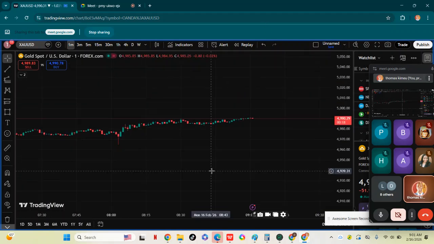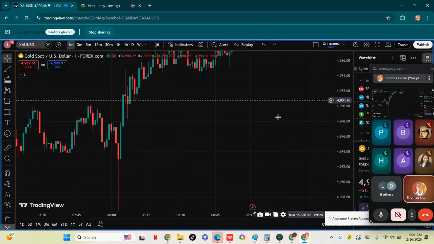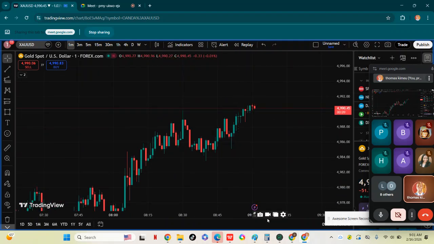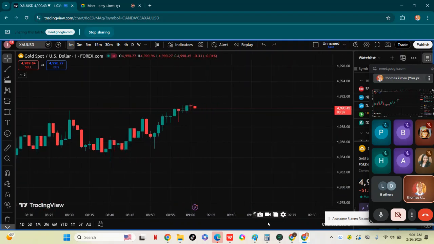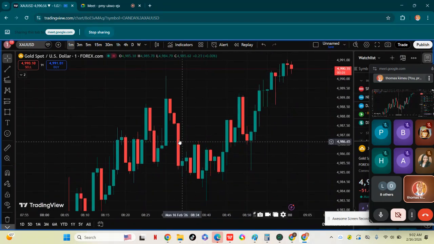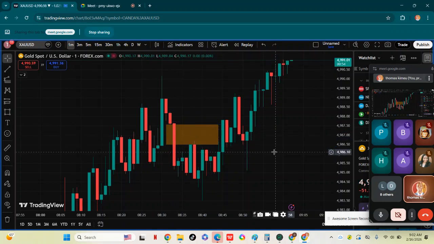Fair value gaps play a very big role, but not all the time will you get rejection at a fair value gap. I'm saying in some instances, but in most instances you must see an impact where there is a fair value gap. Look at this one. There was a fair value gap at this level, and this is 1 minute.